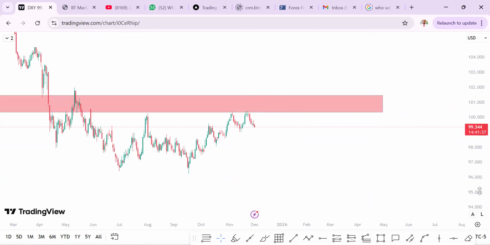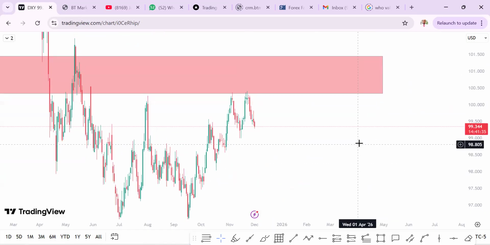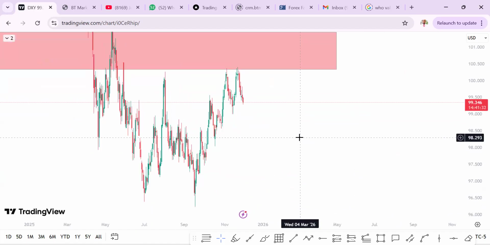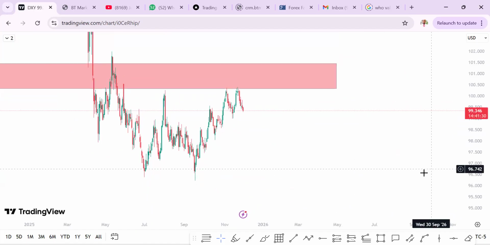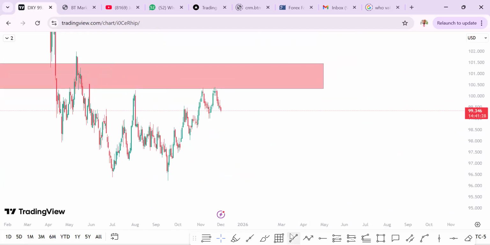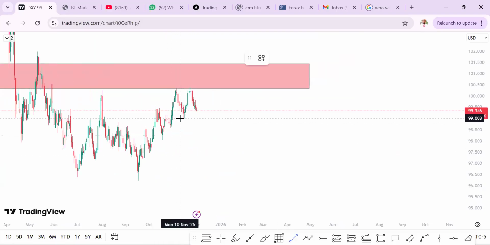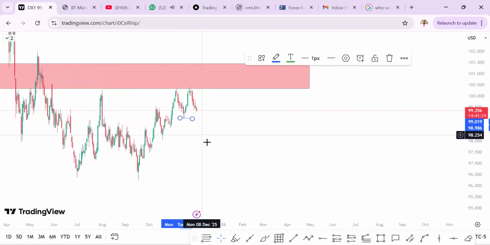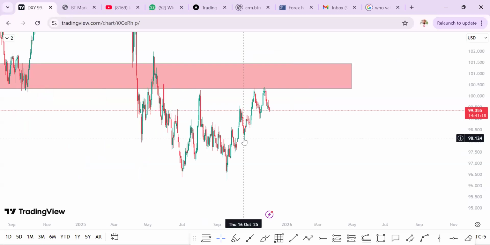On daily projection, a lot of liquidity is being created. We have all these lows, and all these are a kind of liquidity for price.